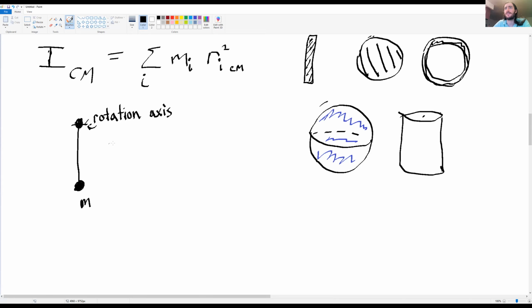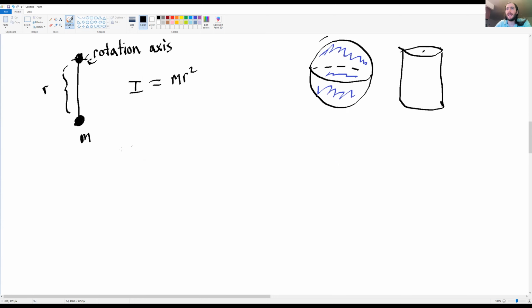If this is the rotation axis, then the moment of inertia for this point mass is mr squared, if this distance here is r. The length of that string is r, okay? That's if you have a point mass, like if you had a yo-yo. If you let a yo-yo go down and then you start spinning it around in a circle, the moment of inertia for that point mass rotating about your hand is mr squared. It's a simple formula.